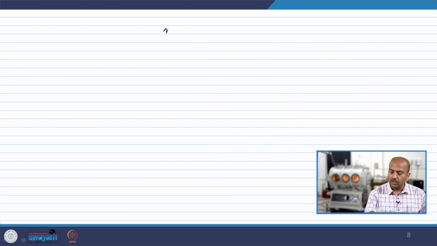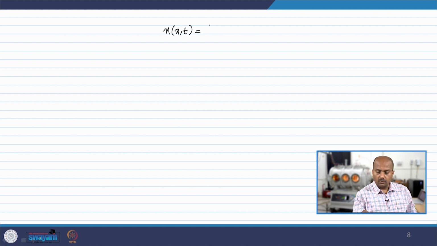Simplifying it further or rearranging the terms, we can write n of x, t is equal to n naught cos pi x by 2L times e to the power of minus t by tau.